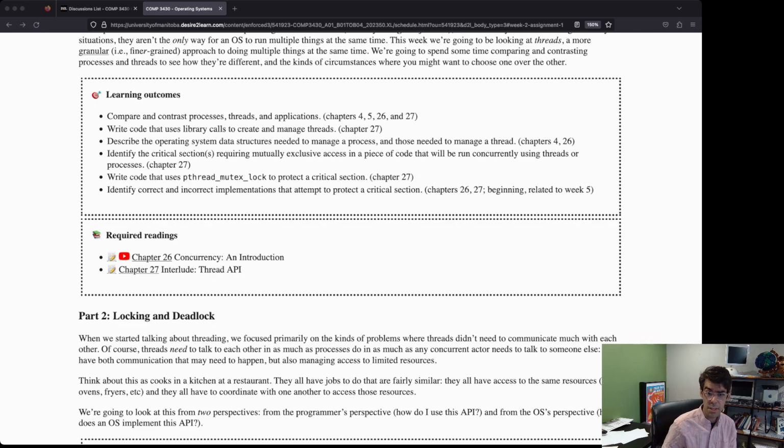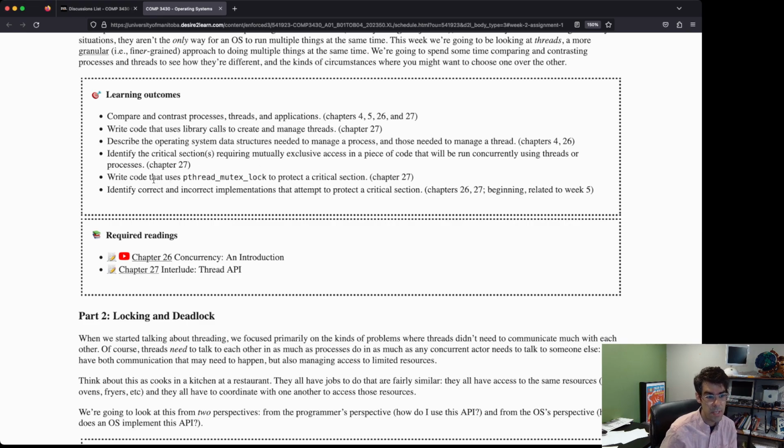The activity that we did in class was, here is some code. Let's try to find out if there is a critical section here, and what is the critical section? What are the circumstances that lead to that critical section happening? You're going to be implicitly assessed on this when you're doing assignment 2 and when you're doing lab 2, but you may also be assessed on this in a test.